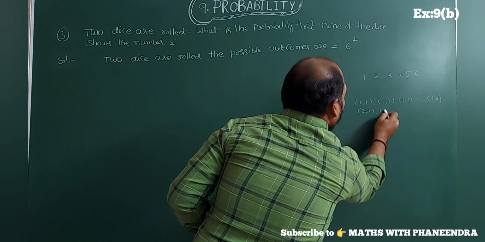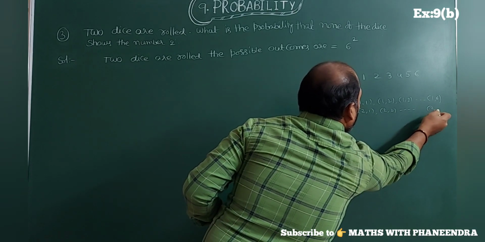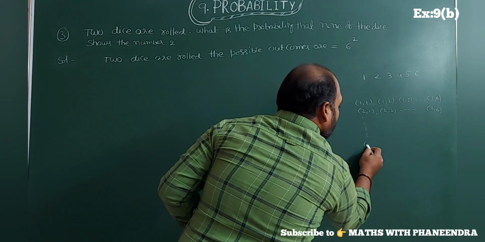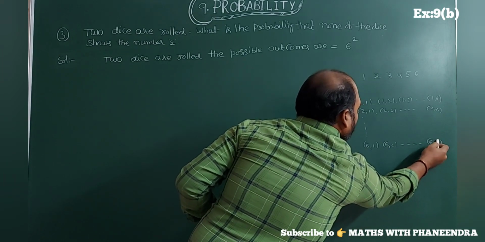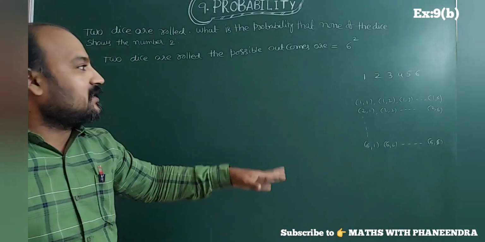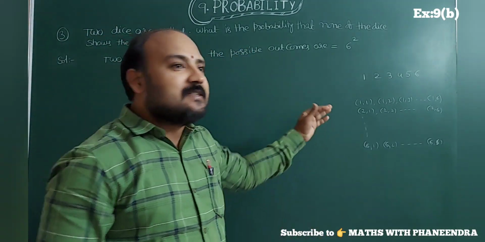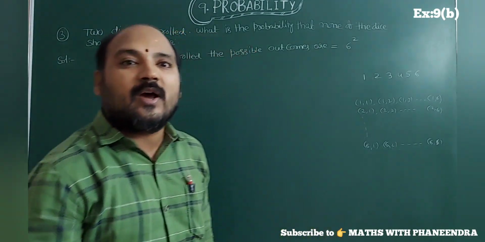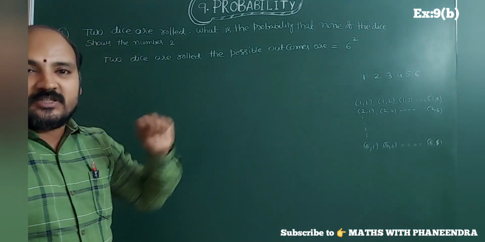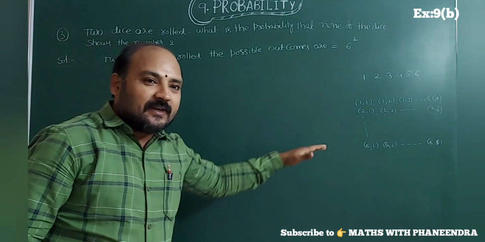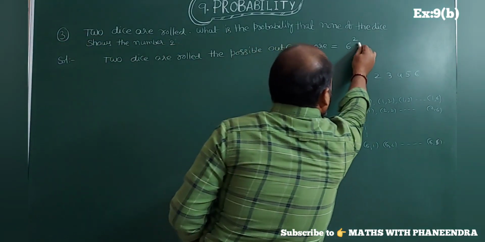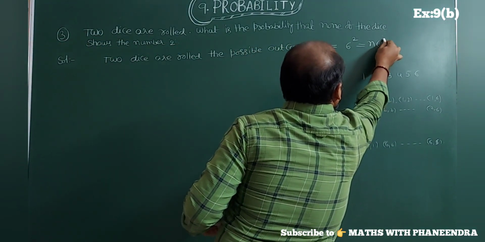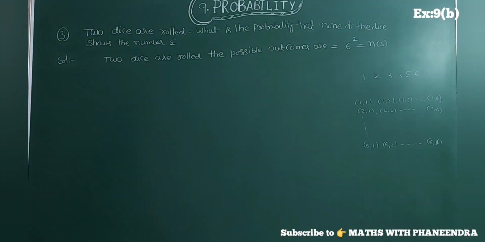Similarly, 2 comma 1, 2 comma 2 and so on, 2 comma 6, and so on, 6 comma 1, 6 comma 2, up to 6 comma 6. These are the possibilities. 36 possibilities are there. This 36 only we are writing as 6 square. In this, we are assuming that total outcomes means N of S. N of S is equal to 6 square.